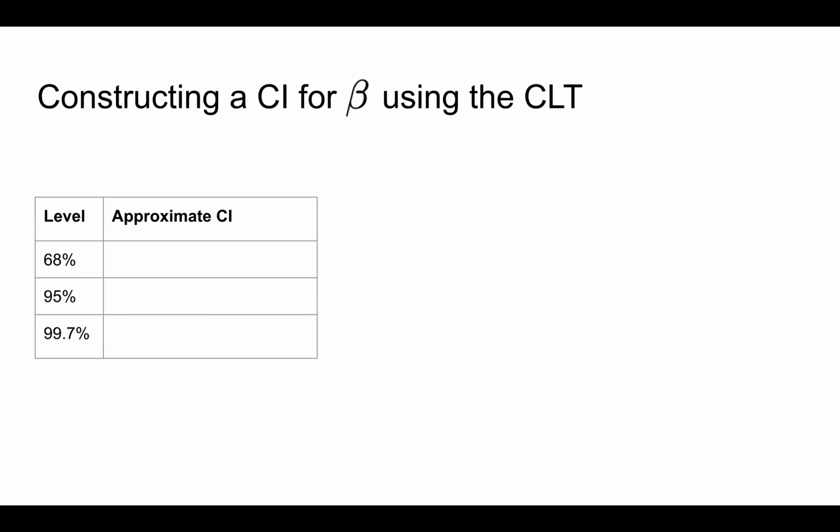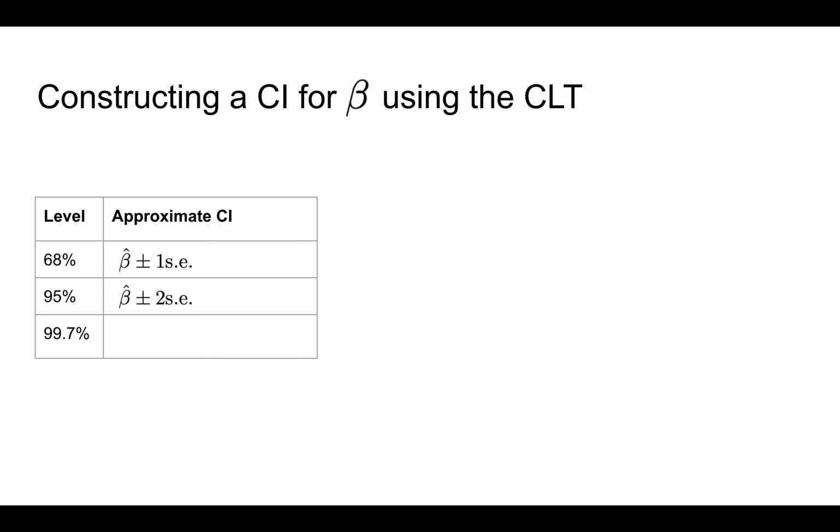Thus, the central limit theorem provides a simple approximation for constructing confidence intervals at the 68, 95, and 99.7% confidence levels. A 68% confidence interval for beta can be calculated by our estimate beta hat plus or minus one standard error.